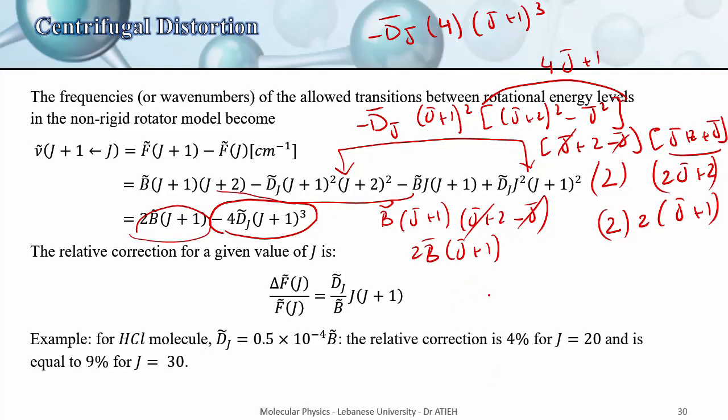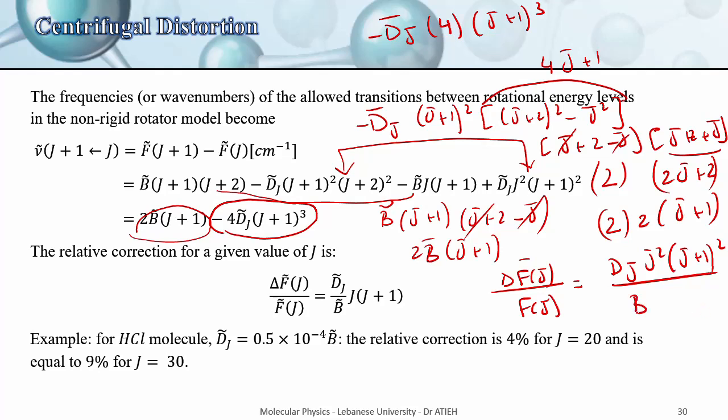The relative correction for a given value of J is delta f_J over f_J. Delta f_J is the centrifugal distortion, the correction that we have added, which is D_J squared (J plus 1) squared, over f_J, which is the initial value of the wave number when we were dealing with a rigid rotor.